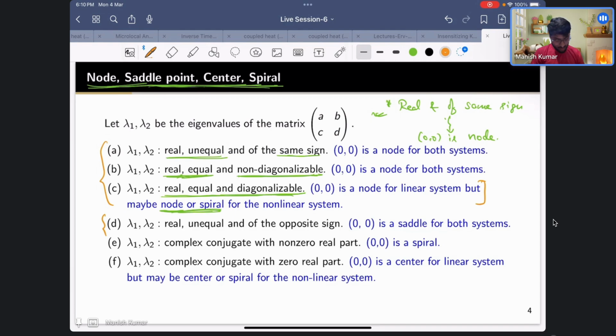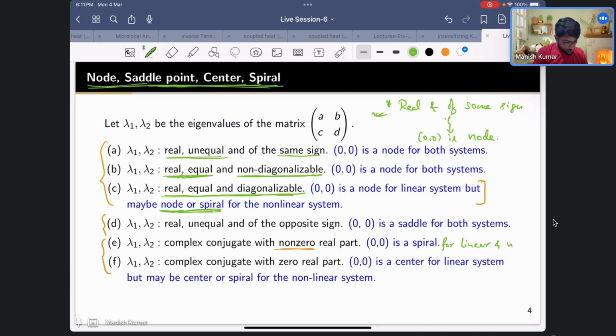Now coming to the complex eigenvalues. This is similar to what we have seen in the case of stability. When the real part is non-zero, the equilibrium point is a spiral for linear as well as for nonlinear.